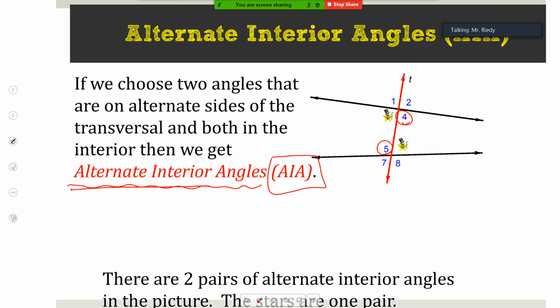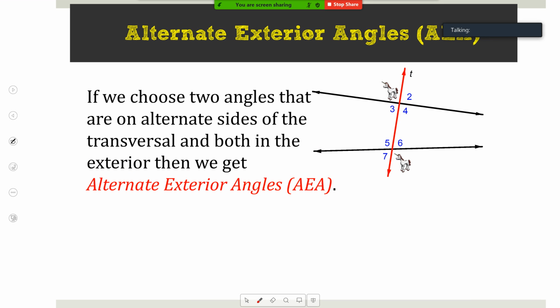Okay, third pair. Alternate exterior. So again, if you break it down logically, alternate, opposite sides of the transversal, exterior on the outside. So the creepy unicorn is 1 pair.